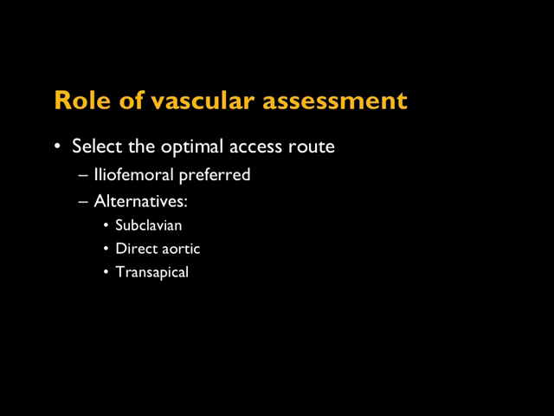Not surprisingly, patients who have had transapical access, which was much more common in the early phases of TAVR, do worse in general than those who do not. Basically you're creating a hole in the heart which has to be sutured up, and there are some negative effects from that downstream.